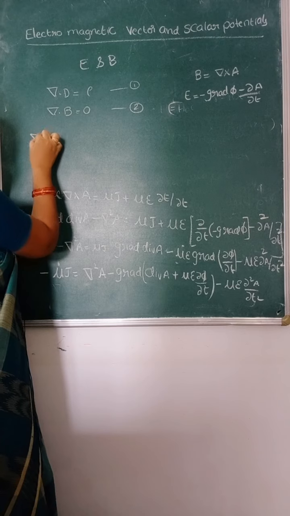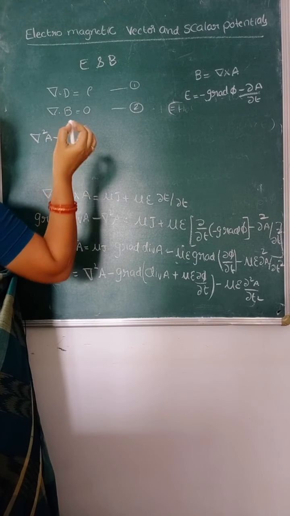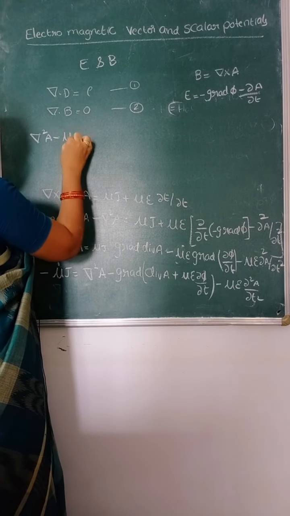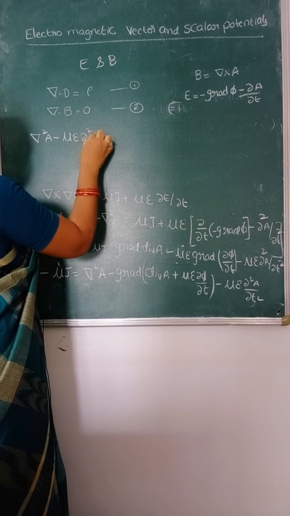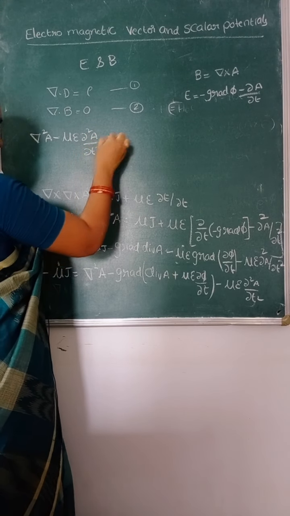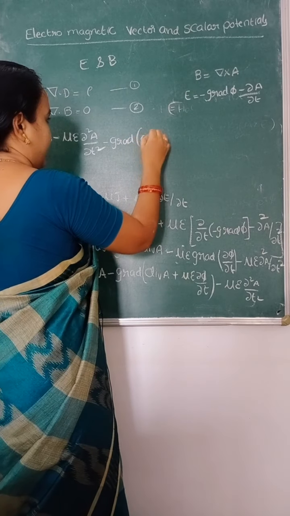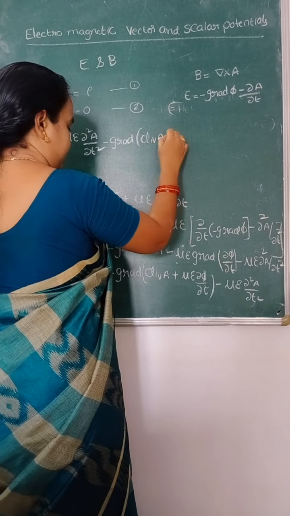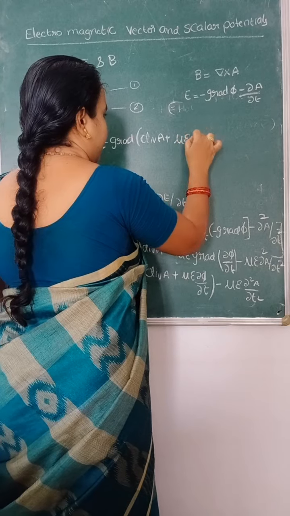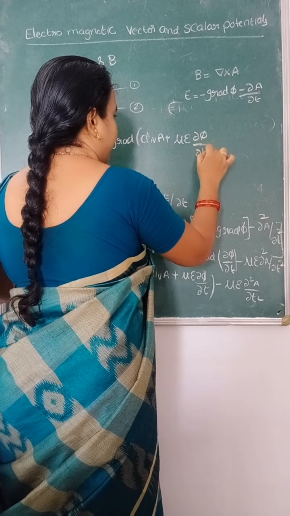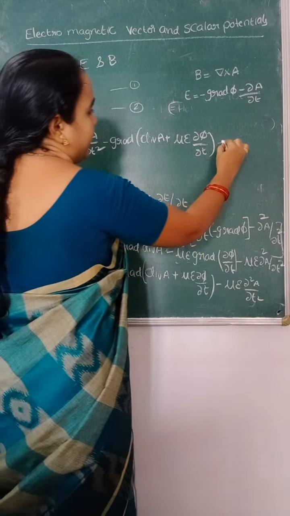That is del square A minus mu epsilon dou square A by dou T square minus gradient of divergence of A plus mu epsilon dou phi by dou t is equal to minus mu j.